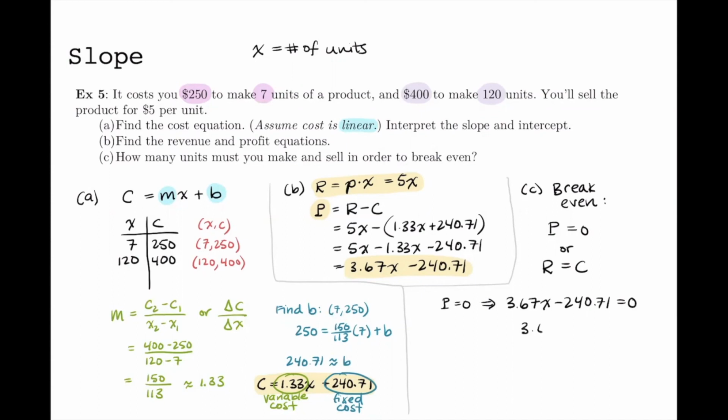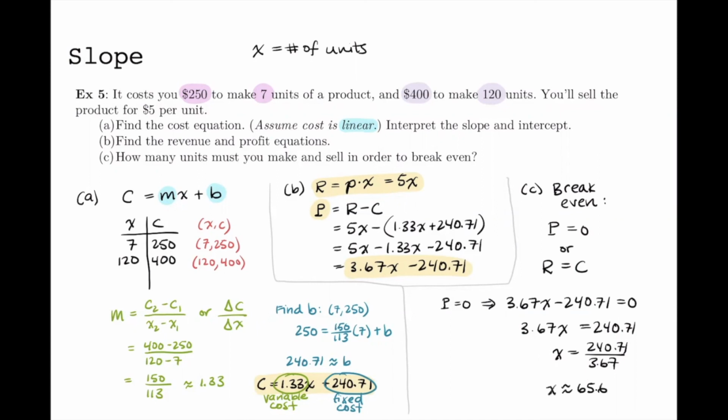So we should probably add the 240.71 over to the other side. And then we'll just divide by 3.67. And if we divide 240.71 by 3.67, we will get about 65.6.